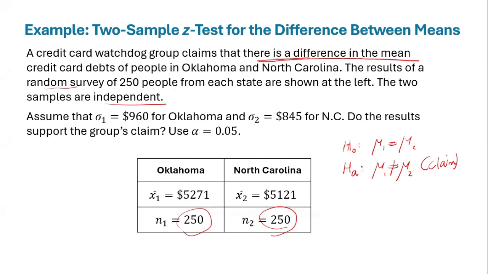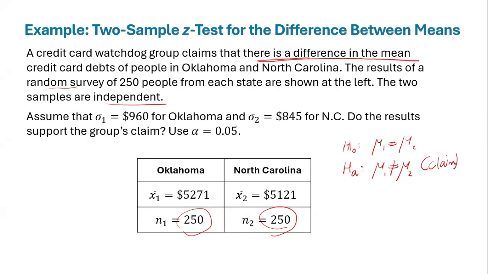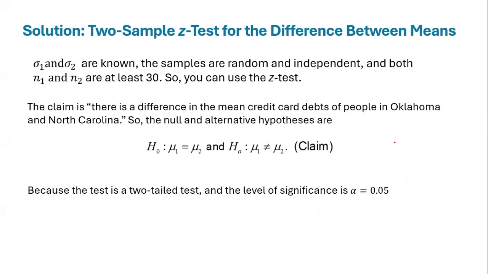After writing the null and alternative hypotheses, we need to use the z-table to find the critical values and the rejection region. If you want to use the z-table, first you need to know if you have a two-tail test or a one-tail test, left tail, right tail, or two-tail.